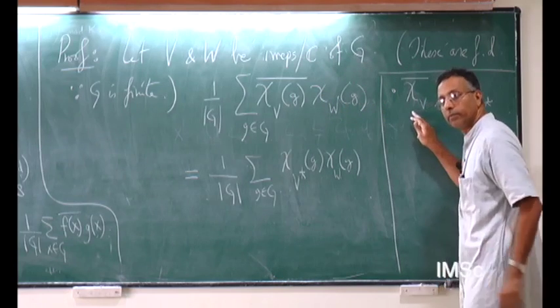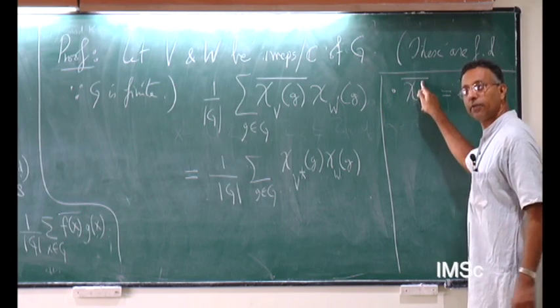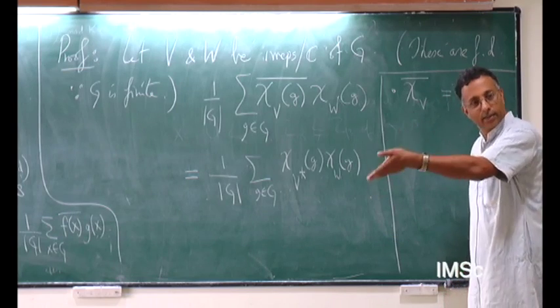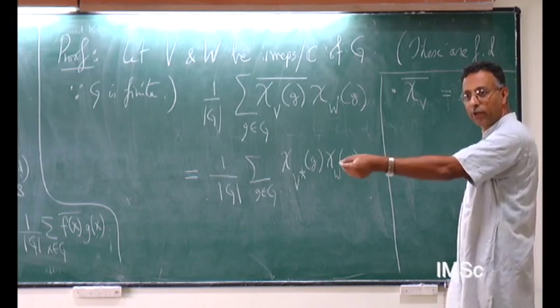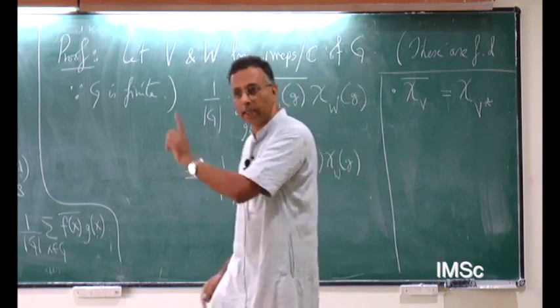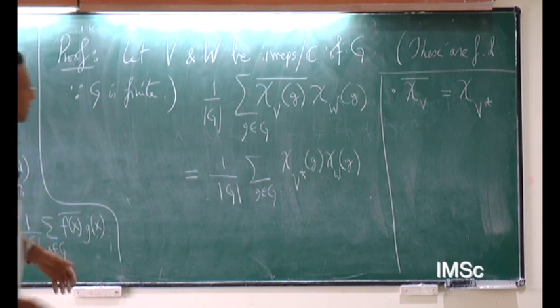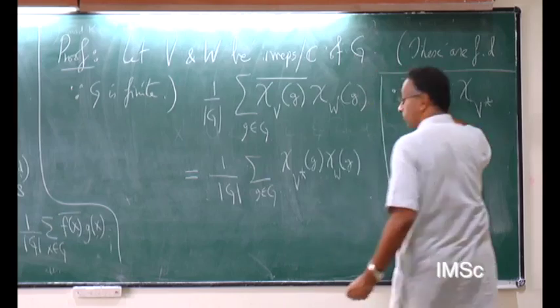Chi v is a function, right? What does bar of a function mean? I just look at the image and, instead of taking it to that element, I take it to its conjugate, as a complex number, right? That makes sense. So this is a class function.